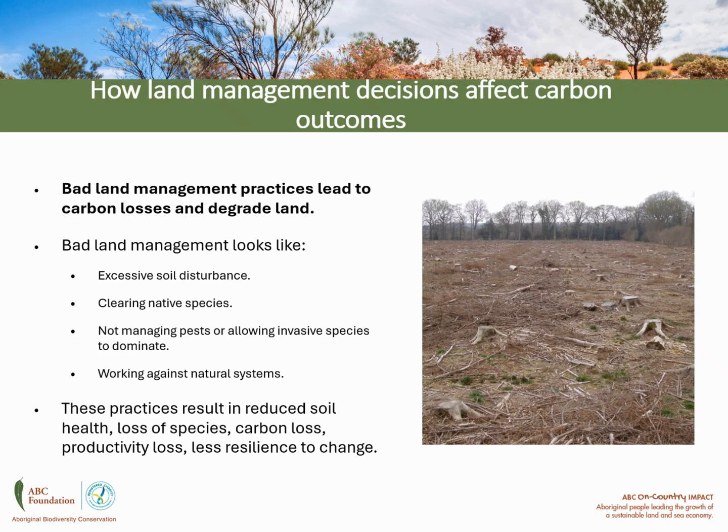Bad land management looks like excessive soil disturbance, clearing native species, not managing pests or allowing invasive species to dominate the land, and working against natural systems rather than with them. These practices result in reduced soil health, loss of species, carbon losses, productivity losses, and less resilience to change.